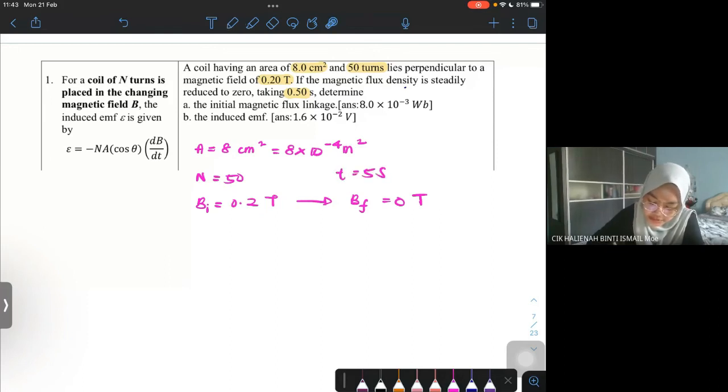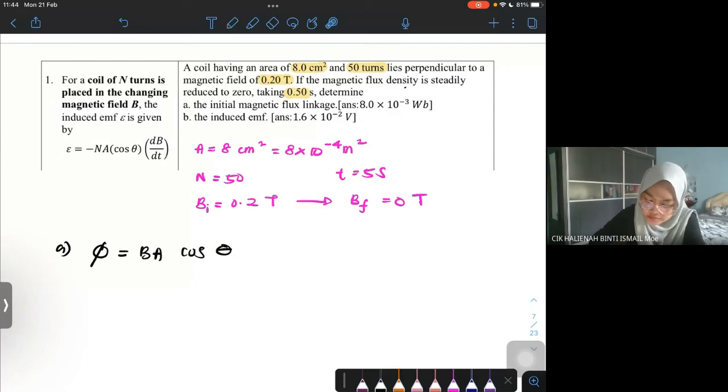Now determine the initial magnetic flux linkage. So there is a term linkage here. Linkage means we have to multiply by the number of turns. This one Miss explained in the first subtopic. So the magnetic flux is BA cos theta.